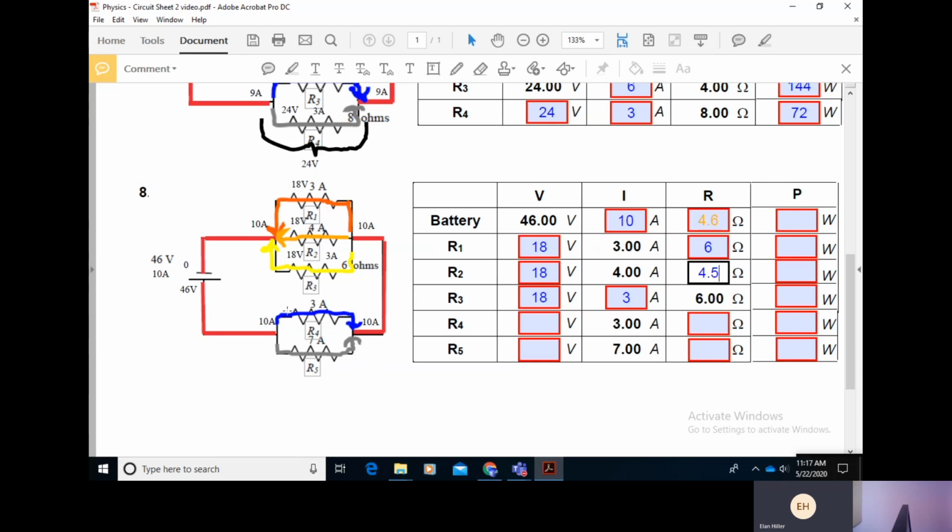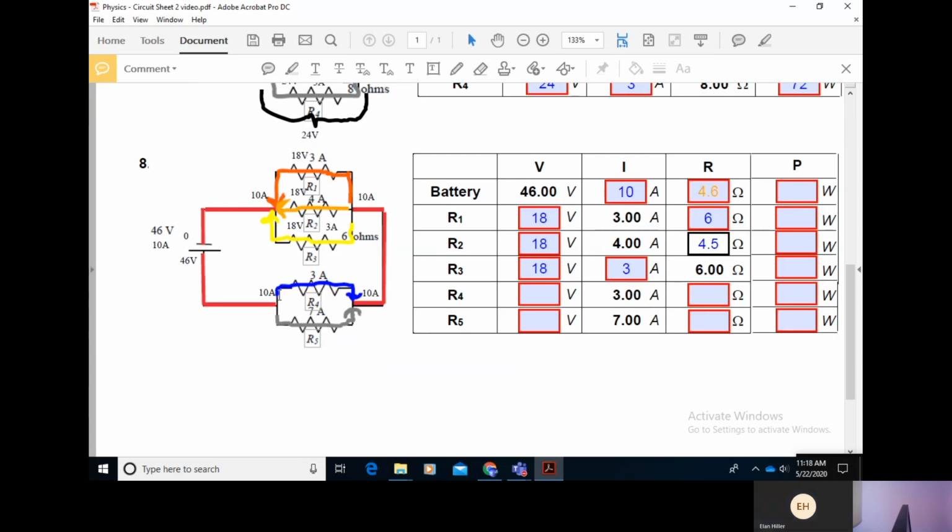Now we get to this part here. We know that the voltage drop across the total circuit is 46 volts. We know that the voltage drop across this chunk is the unknown. We don't know what it is yet. But we do know the voltage drop across this chunk right here, from this point to this point, is a total of 18 volts.